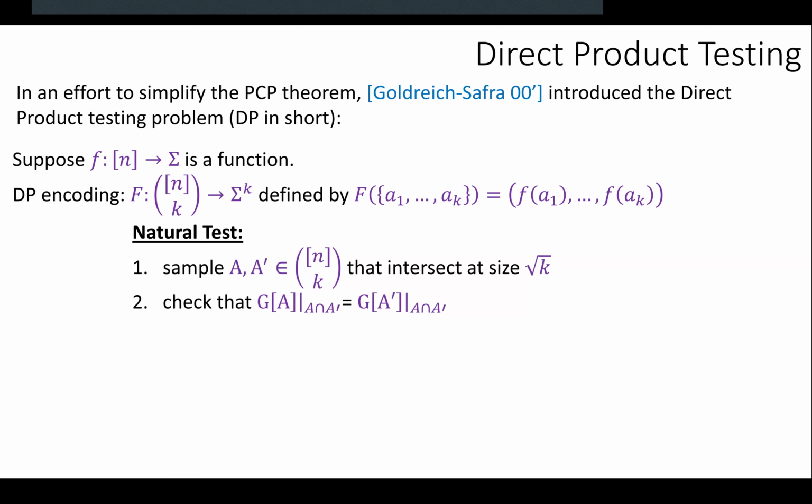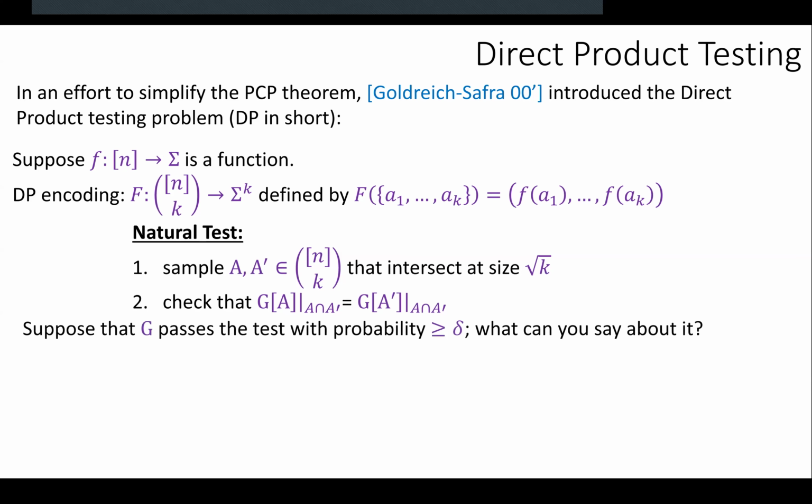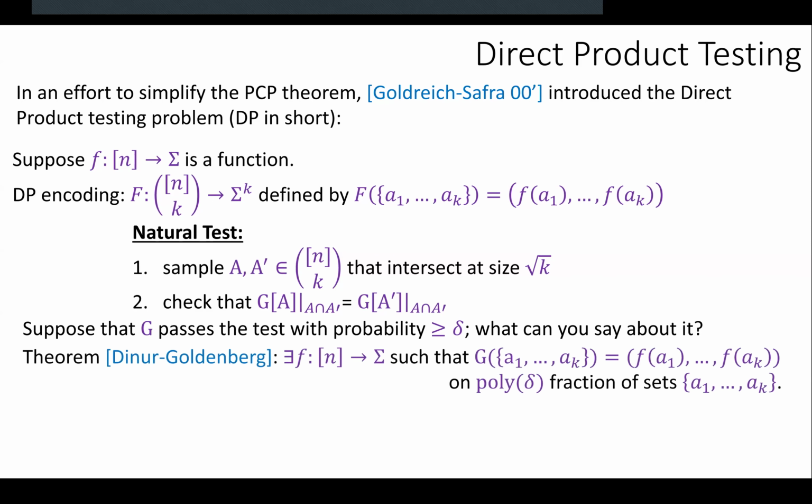Okay, so this is the test, and here is the question more formally. Suppose that I have a G that passes the test with some non-negligible probability delta. What can you tell me about G? Is it close to a direct product of some little f? The theorem shows that yes, in some sense.